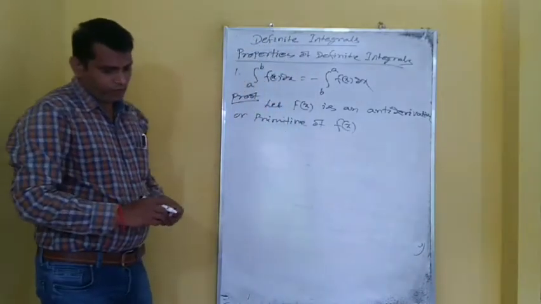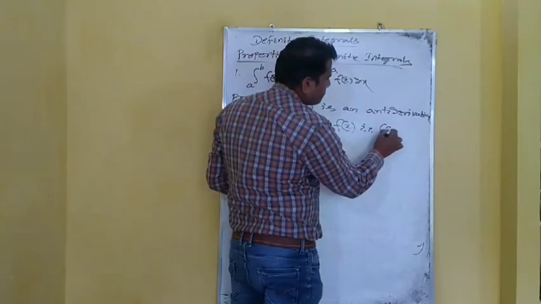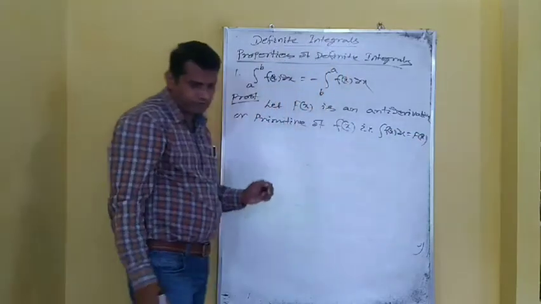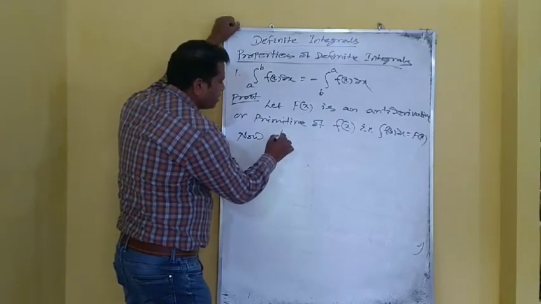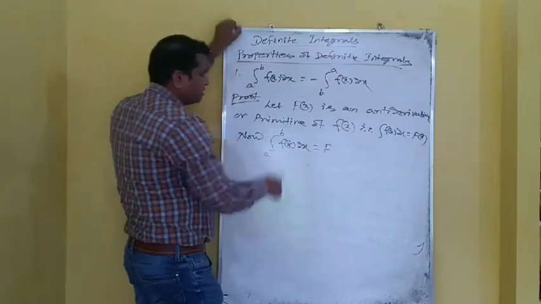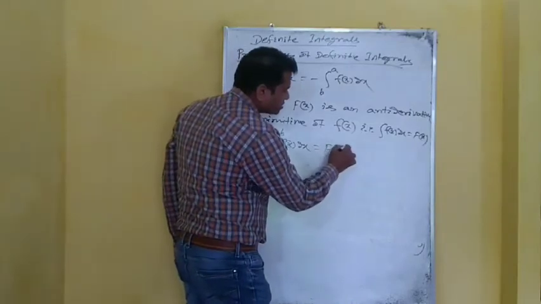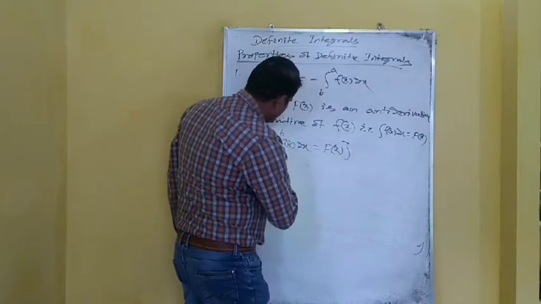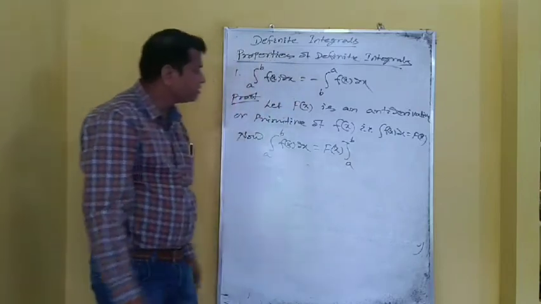That means the integral of f of x dx is equal to capital F of x. Now the integral from a to b of f of x dx: the integral of f of x is capital F of x, so we take upper limit b and lower limit a.